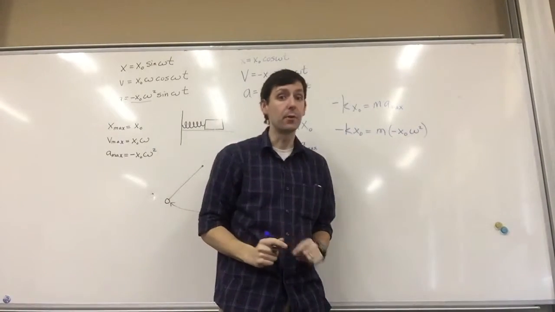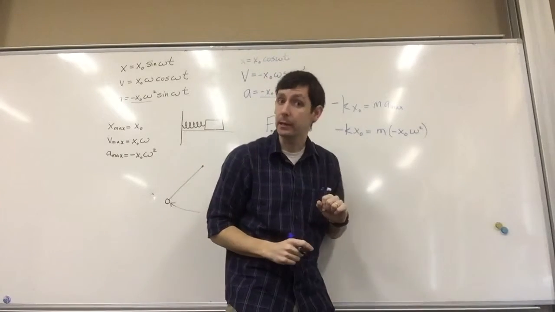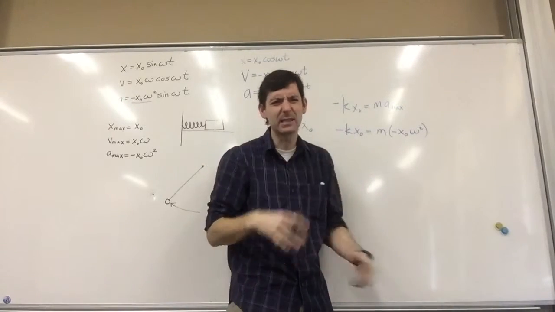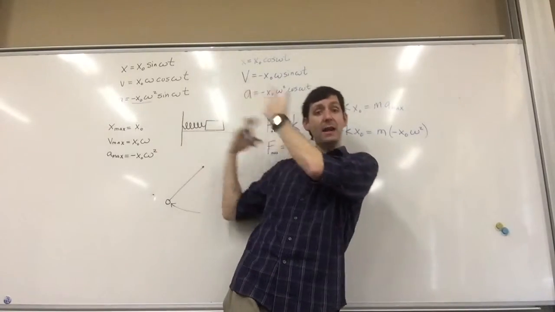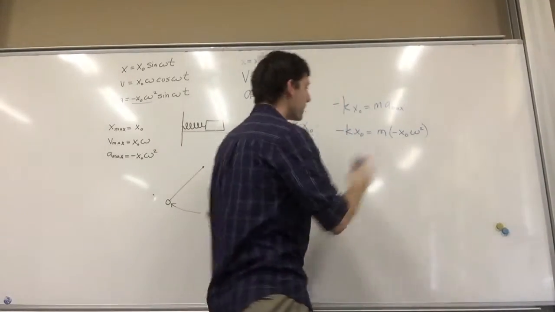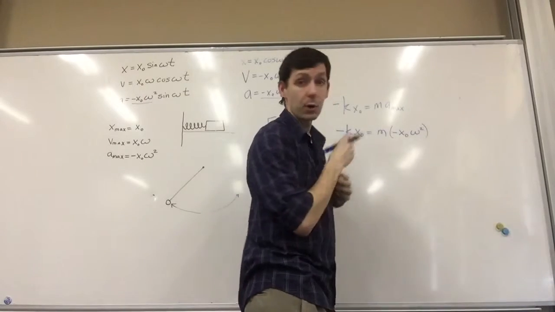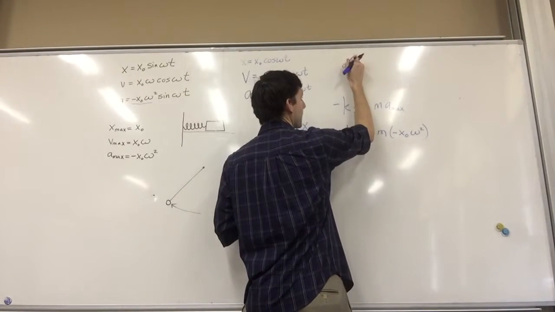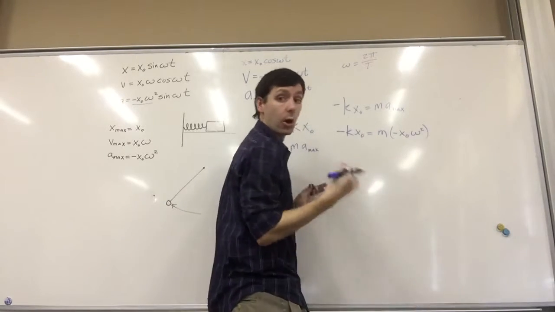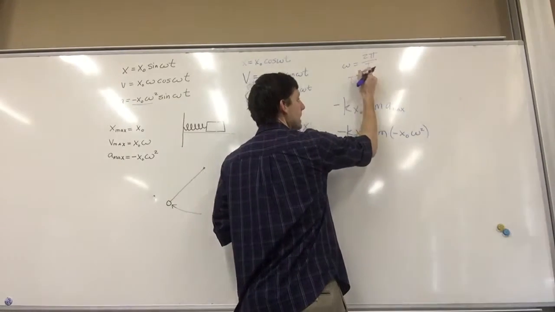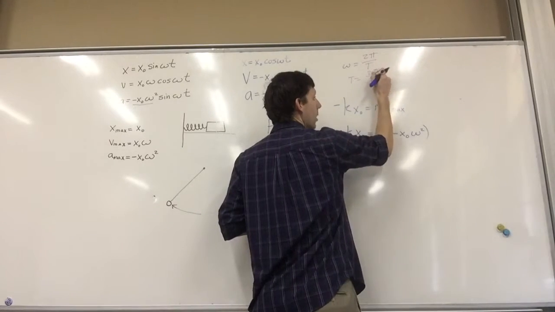Now, you may remember that in the last video we also talked about omega, didn't we? Omega is kind of a weird thing in our brain, and sometimes we can figure it out, sometimes we can't. But it is important because it works mathematically with all these other cool things. We said that omega is equal to 2 pi over t. Or you may recognize it as t equals 2 pi over omega.